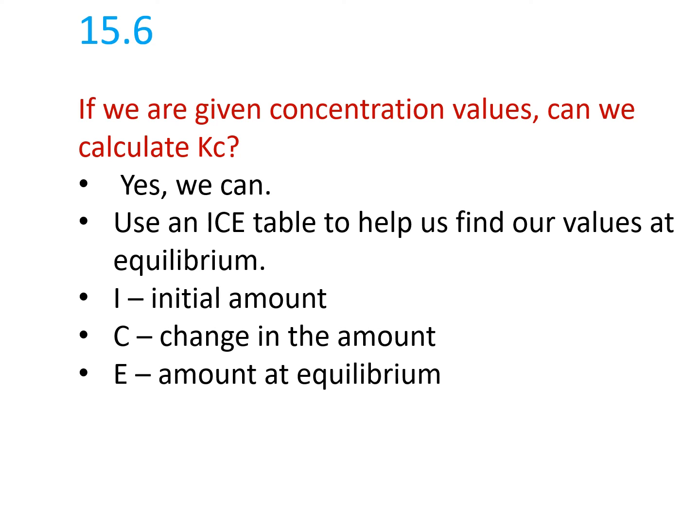And the E stands for the equilibrium concentrations at the end of the reaction. We'll take these equilibrium amounts, and those are going to be the values that we use in our equilibrium constant formula to actually get a value of our Kc. And these values are going to be in moles per liter, so it's a mole per volume value. So let's take a look at this.